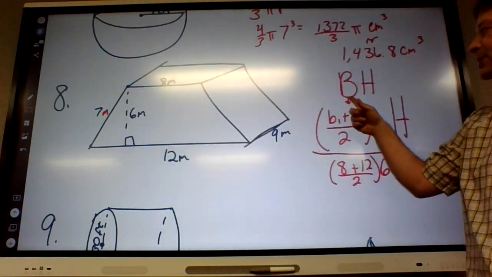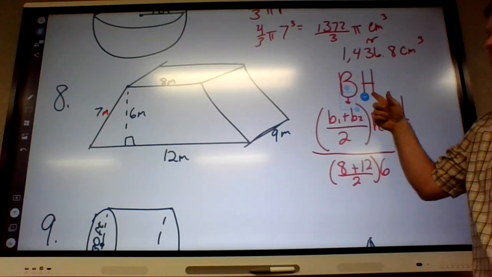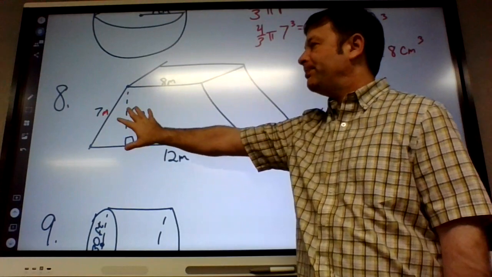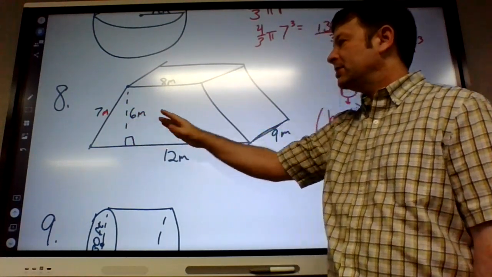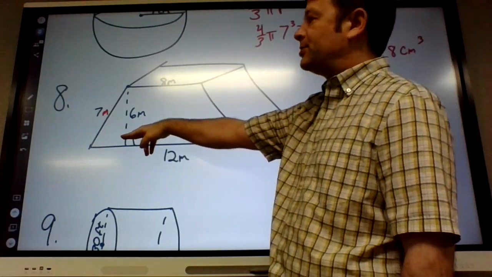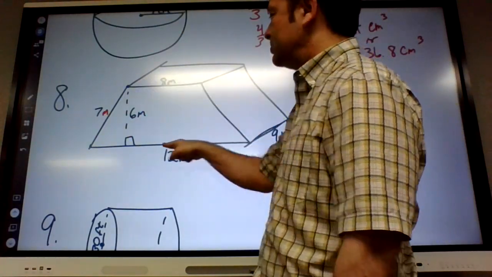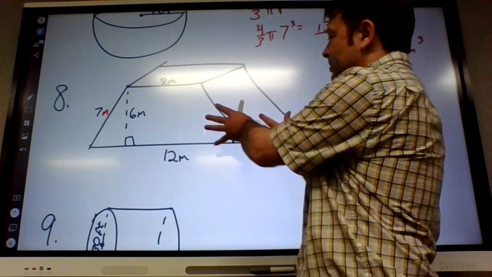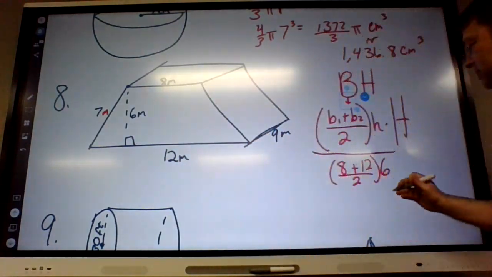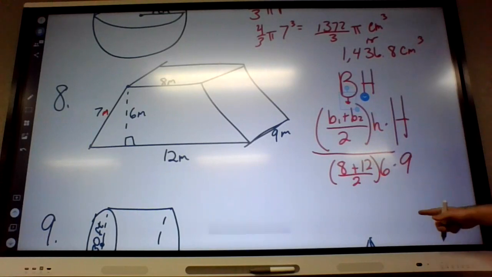That's the capital B. So what we're missing is the height of the prism. If the trapezoid is our base, what's the height of the prism? 9. 6 is the height of the trapezoid, but the height of the prism itself is 9. So we need 9 right there.